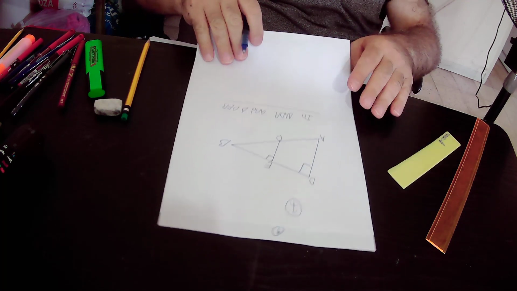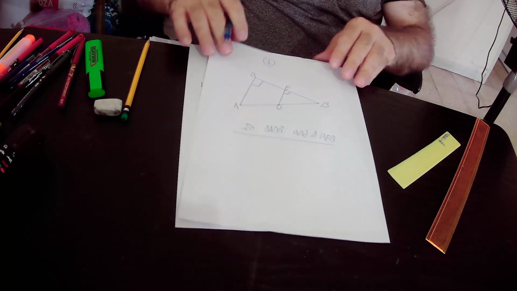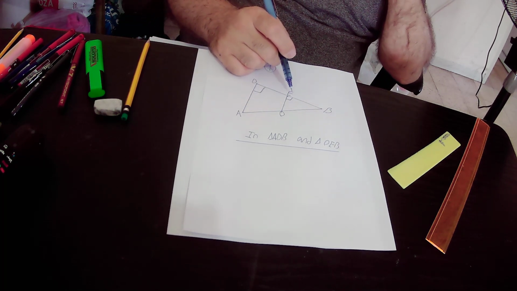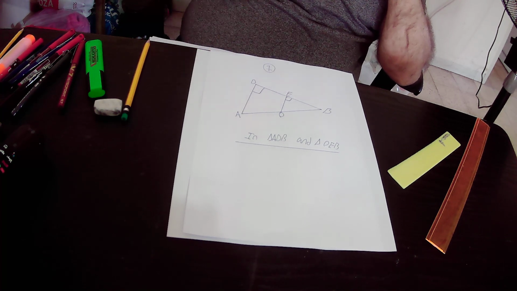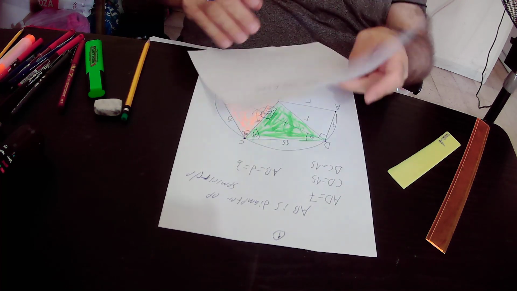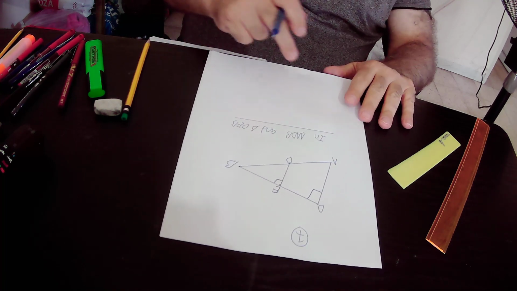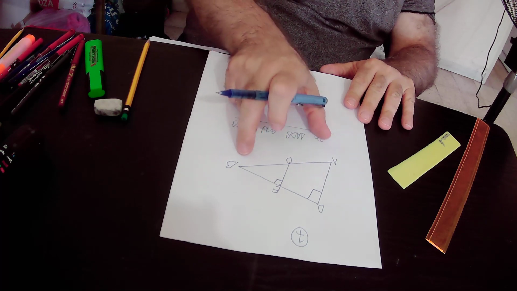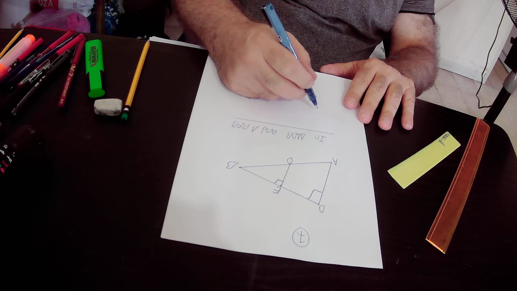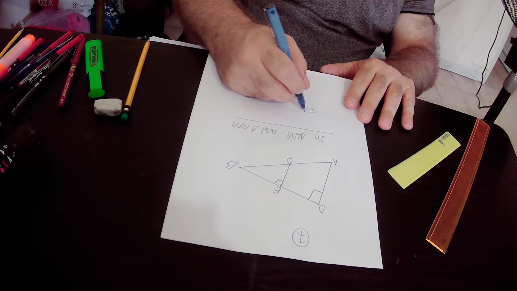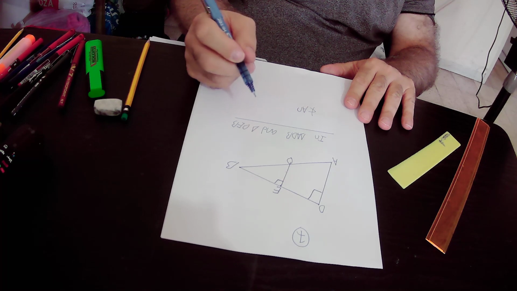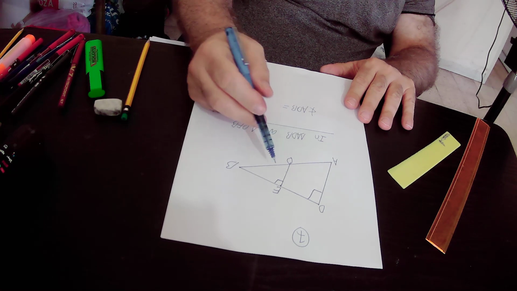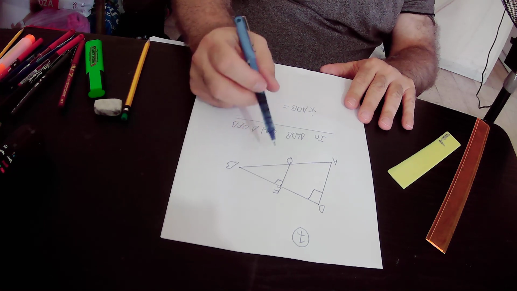Okay, so in those two triangles, angle ADB equals 90 degrees because it rests on the diameter. So angle ADB on triangle ADB equals angle OEB, that is also equal to 90 degrees.